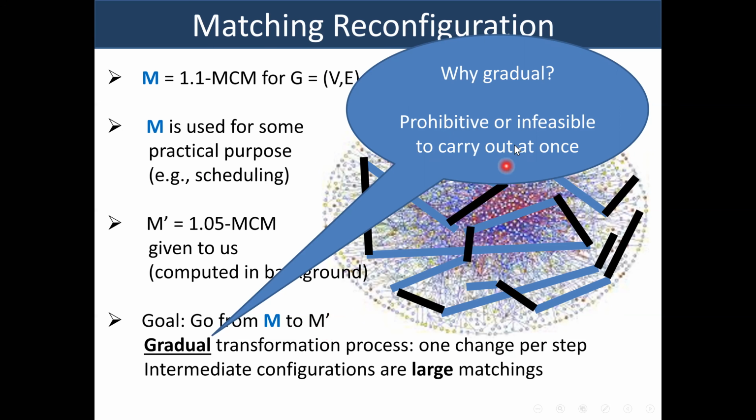In fact, it could be even infeasible to do this at once. And here you can imagine that the edges of M that are giving service to some application are hardwired in some physical sense. Okay, so we are going to apply a gradual transformation process that could be slow.